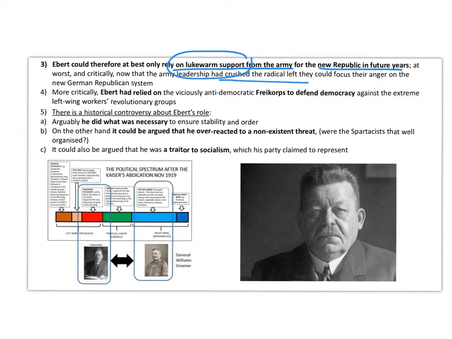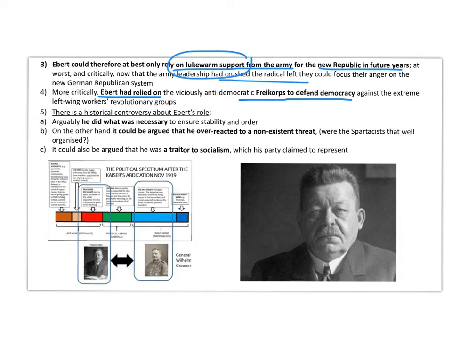And even more critically, Ebert, in crushing the Spartacists, was reliant on the Freikorps to defend democracy. And yet the Freikorps at heart were anti-democratic. Okay, so that's all relevant. Think about how you can fit those arguments into the debate about revolutionary change.